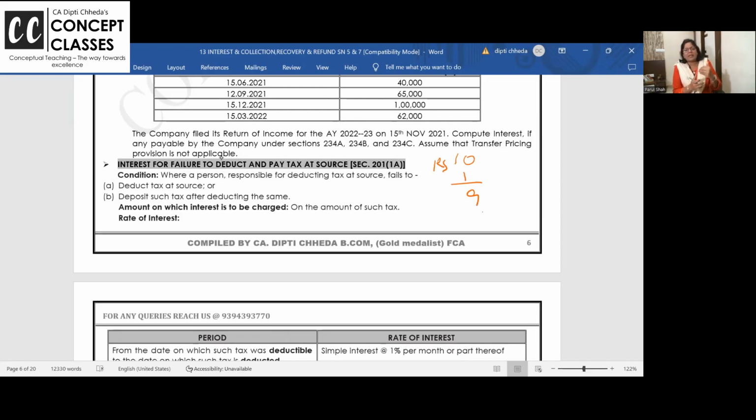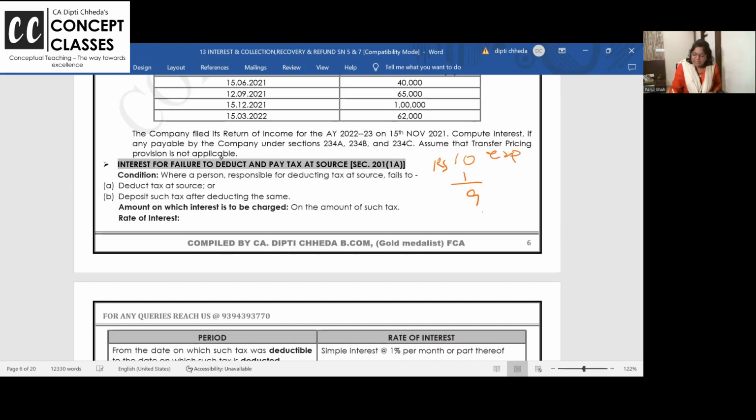You know, TDS is paid by the 7th of the next month. Then, where a person responsible fails to deduct TDS, or after deducting, I have not paid to government, that is a bigger crime. I paid you 10 rupees. Then I said, listen, 1 rupee on your behalf, I'll give TDS in your PAN number, give all details, I'll give you certificate. So I deducted and gave you 9 rupees net amount.